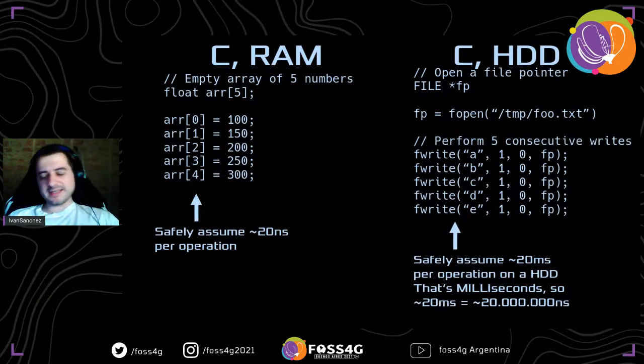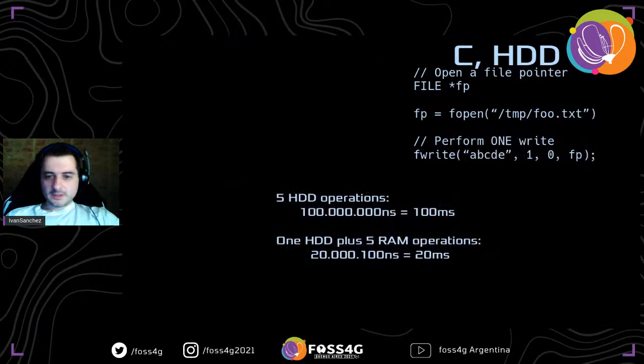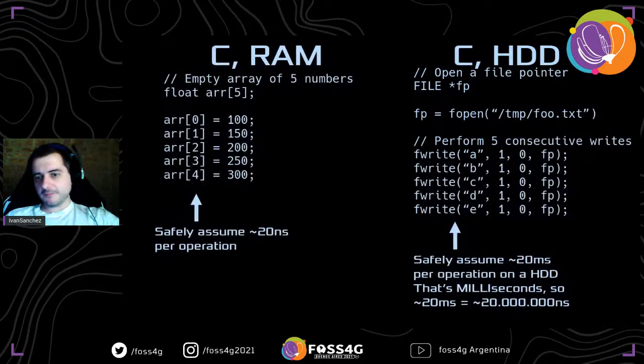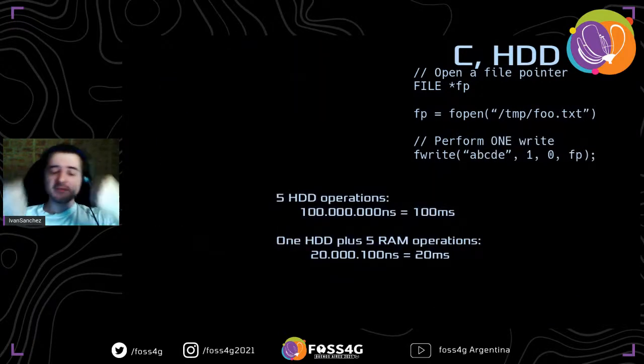Even though I'm technically doing the same thing, which is storing 5 values in the data structure, the fact that one of those data structures relies directly on a different hardware technology has a direct impact on how much time you spend doing those same 5 operations. So, it's way better, instead of putting 5 letters in 5 consecutive actions, to concatenate all those 5 letters in memory. Doing that concatenation will take some time and will take some time to write it in memory, but it's way faster because you only did one slow operation, which is the important thing when you're dealing with latency.